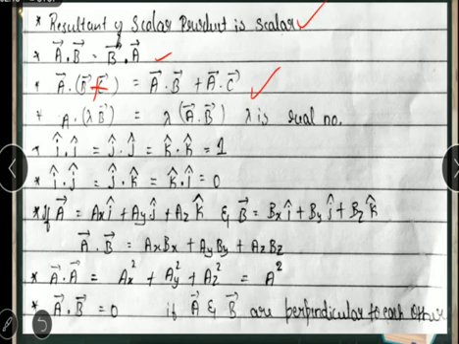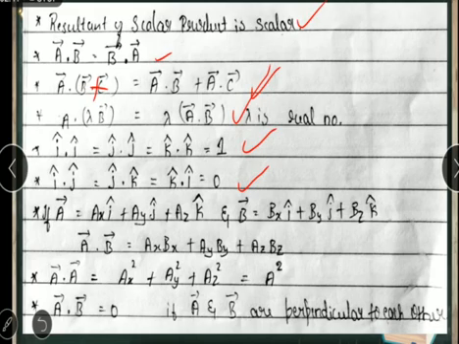Next, if you multiply a vector dot product with any real number lambda, that magnitude will be lambda times A dot B. Okay. Next, the scalar product of the unit vectors, that is i dot i, j dot j, k dot k is equal to 1. Next, i dot j, j dot k, k dot i is equal to 0.